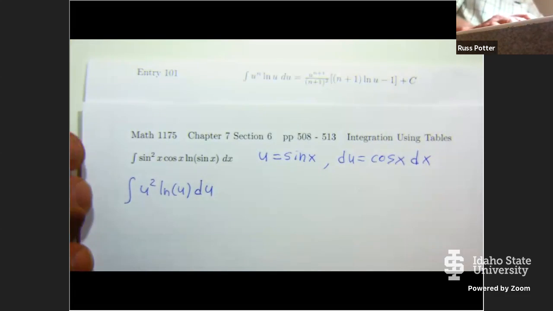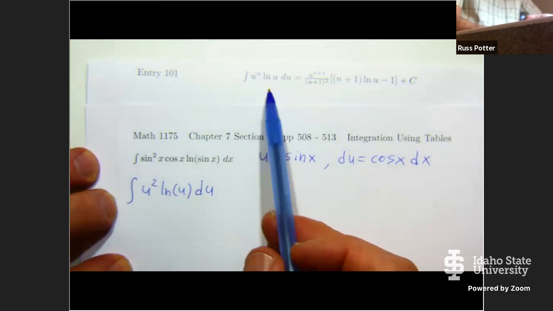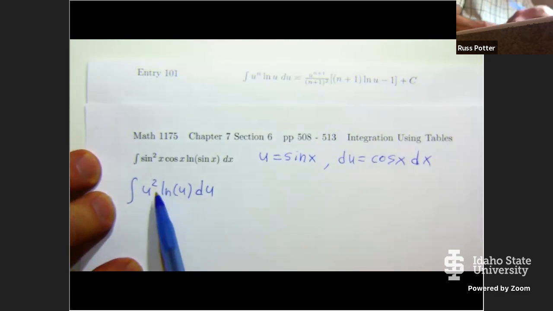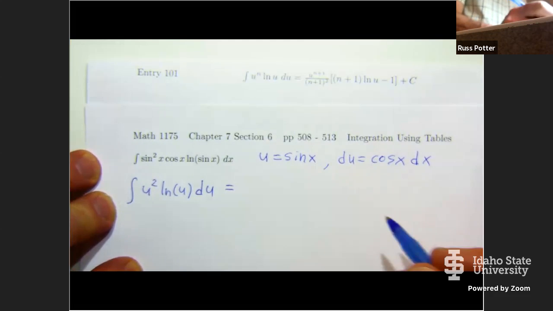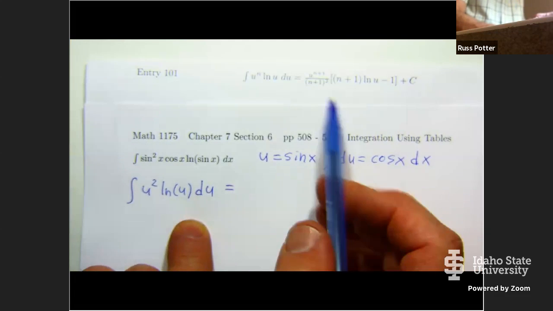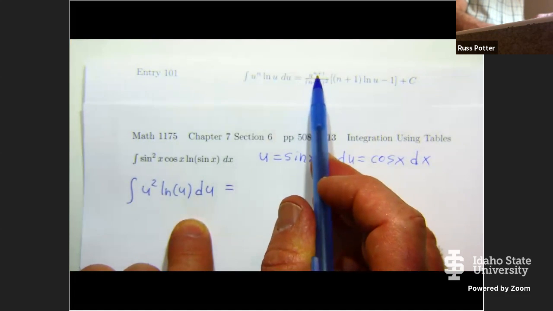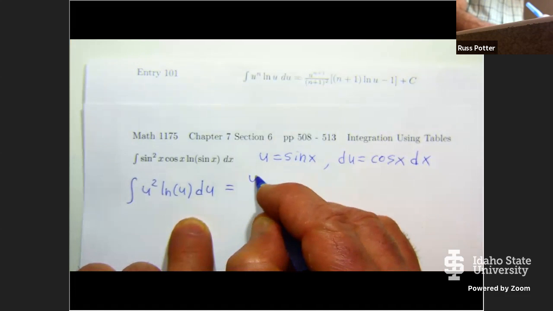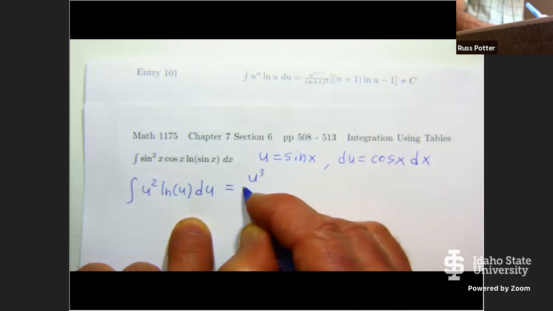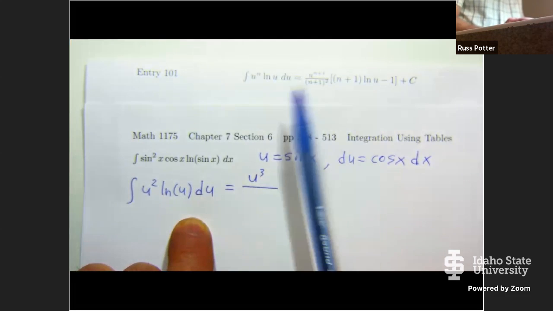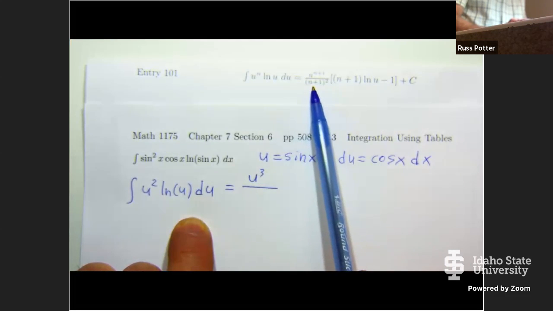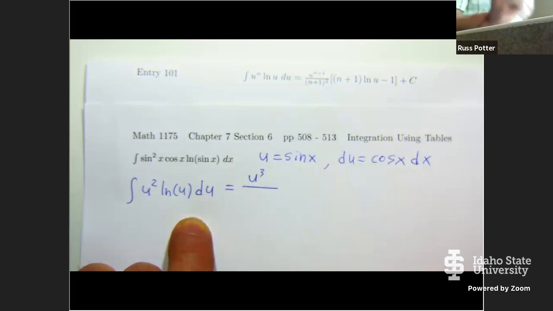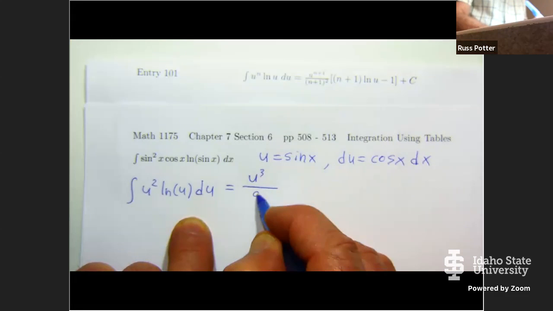Okay, so n is equal to 2. So we'll have u to the 2 plus 1, or u to the third, and then divided by 2 plus 1, 3, 3 squared. So 3 squared is 9.